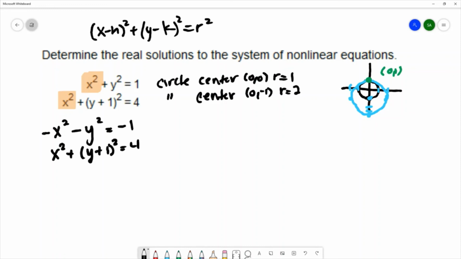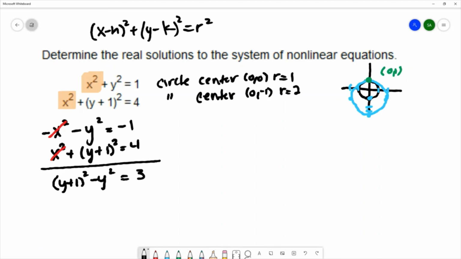I'm going to add those equations together. And when I add those equations together, like I planned, the x's eliminate, and I'm left with (y plus 1) squared minus y squared equals 3. Negative 1 plus 4 is 3.